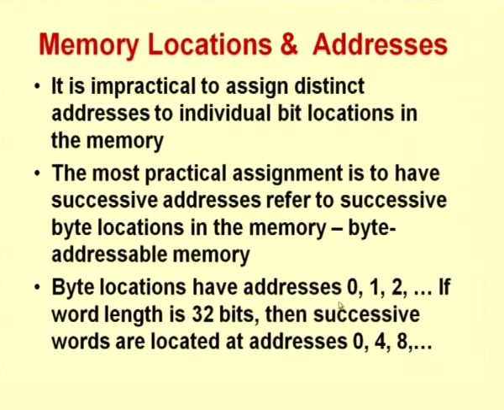Because if I have a word length of 32 bits, then 4 bytes can be accommodated in a single word. So 0, 1, 2, 3 would be the bytes in the first word, or the 0th word. The next word will have byte locations starting from 4, 5, 6, 7, so the next word address would be at 4. Similarly, the next word address will start at 8 and so on.